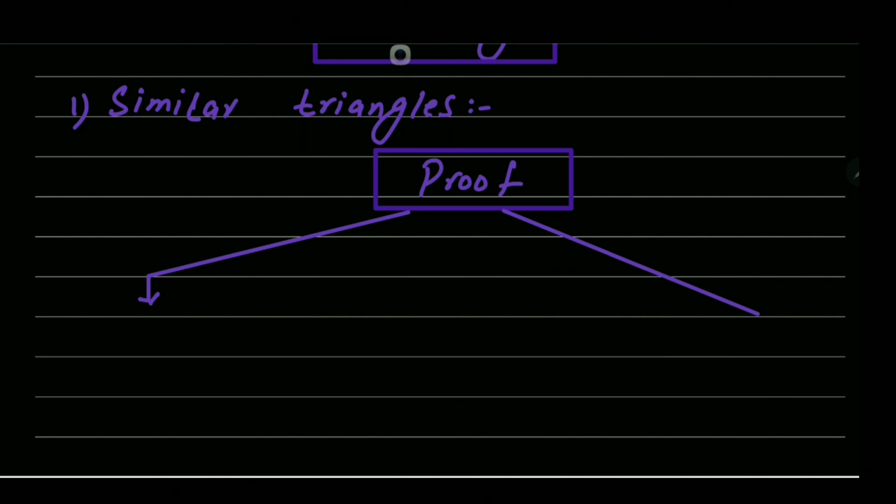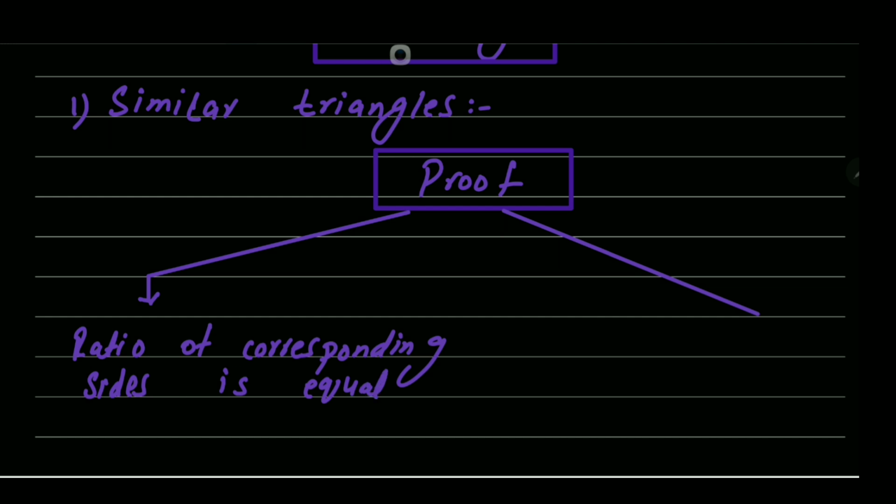First thing is ratio of corresponding sides is equal. This is the first method to prove the similar triangles, and second method is angle. So these are the two methods. By using these methods we can prove similar triangles.